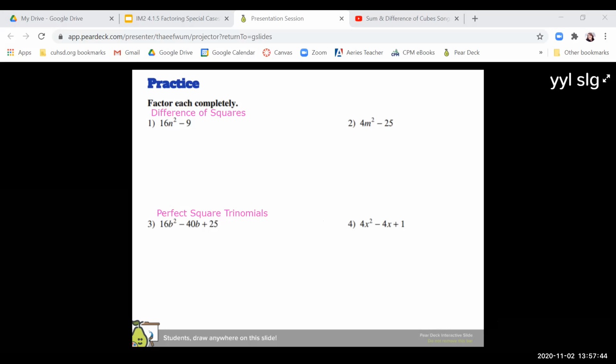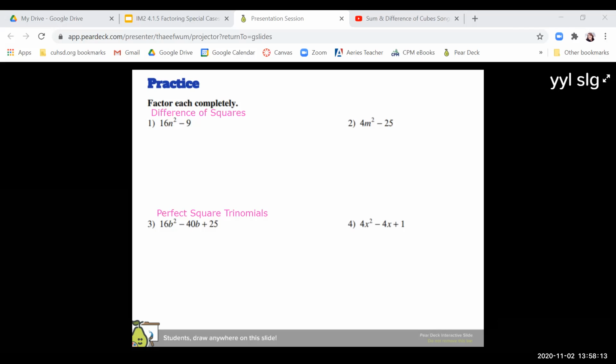Okay, and these are not yes or no questions. You have to factor them. All 4 of them factor using one of the two patterns. So the first 2 factor using the difference of squares pattern, the second 2 factor using the perfect square trinomials pattern. And there's no tricky business here. They all work in their pattern. So the idea here is you don't even need to use the area model anymore.